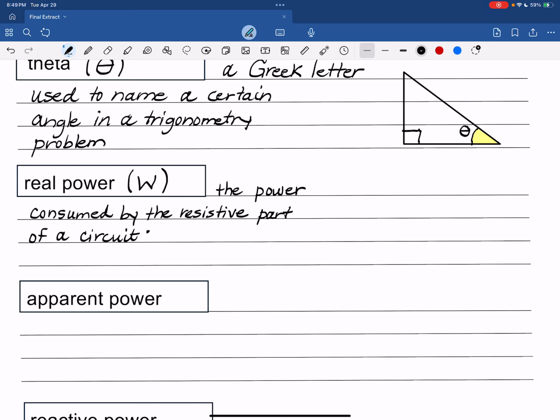It is also called true power. So you may hear some problems call it real power, some call it true power. It's either.